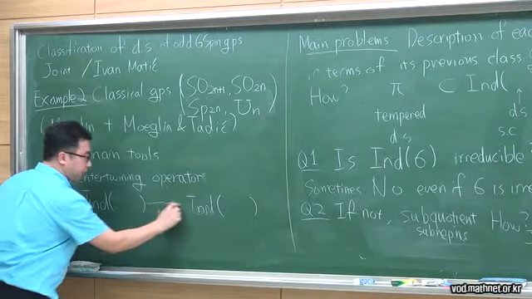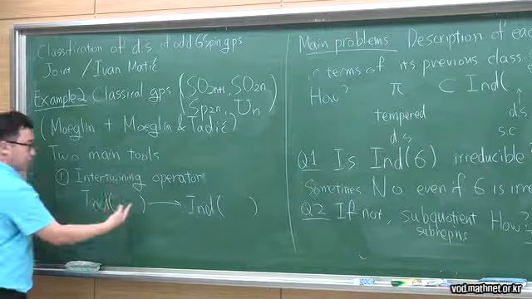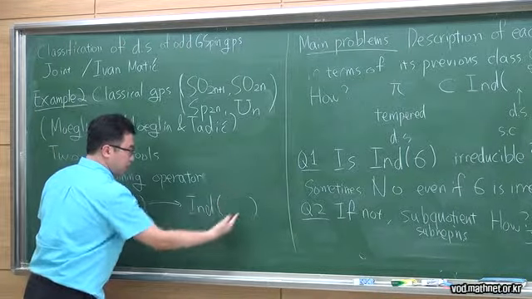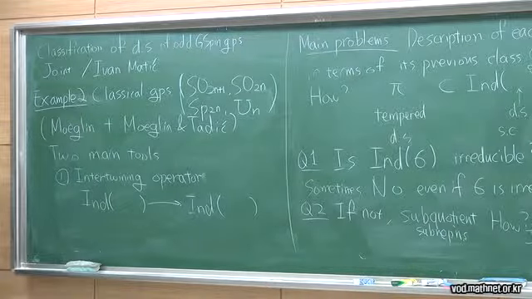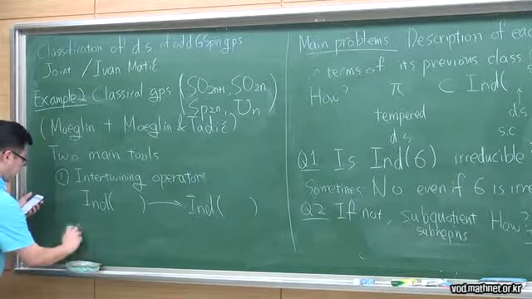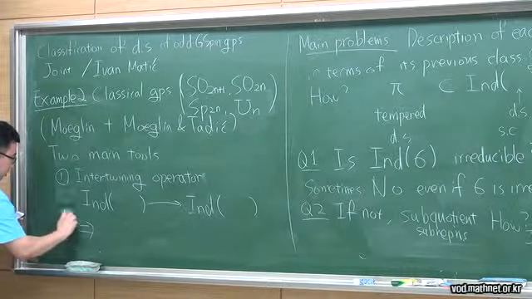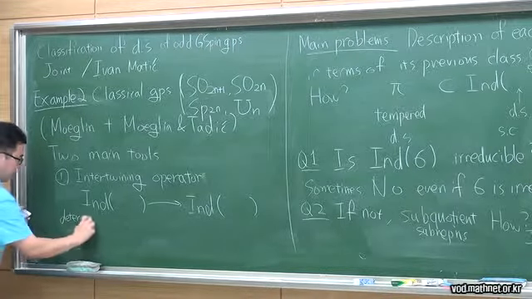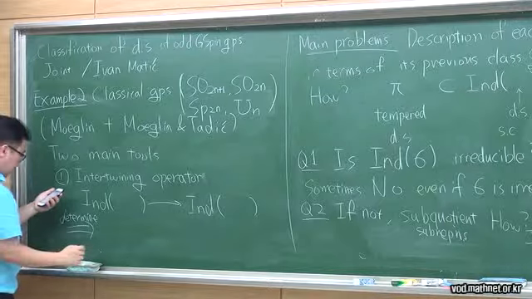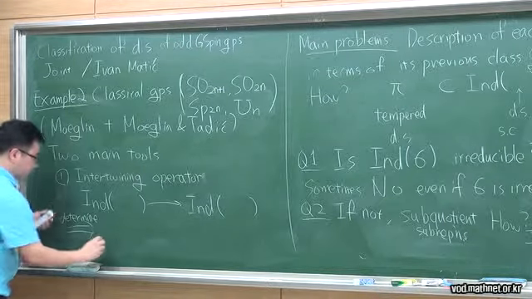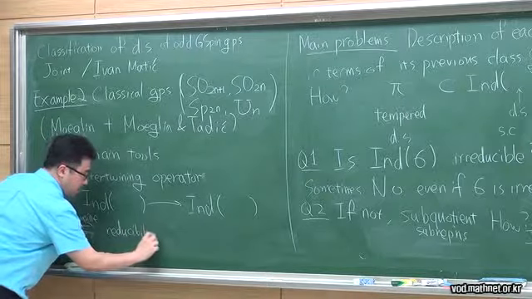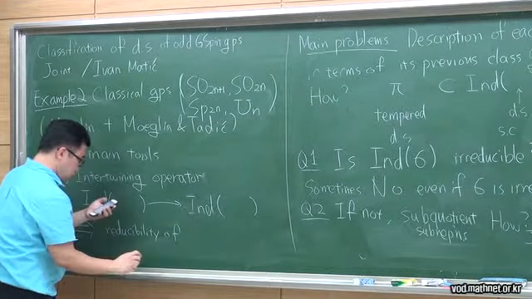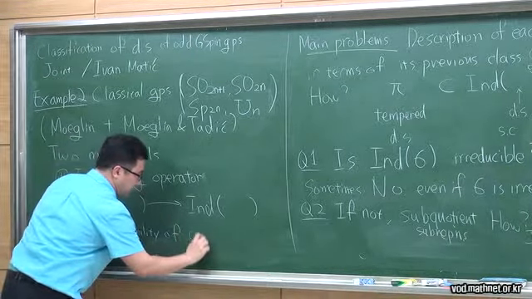There's a certain map from certain induced representations to another induced representation after you act by the Weyl group element, and this will also determine the reducibility of certain other representations.